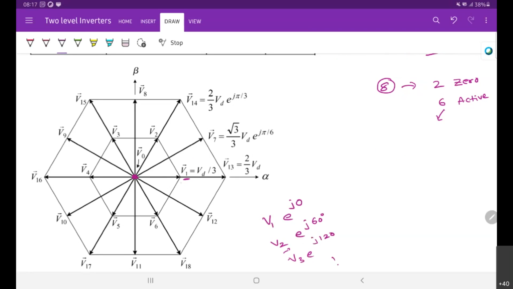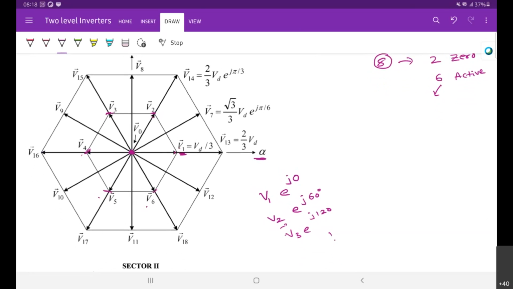This is the alpha axis and this is the beta axis. Its magnitude is VD/3, and the angles are 0, 60, 120, 180, 240, and 300. So we have V1 to V6 as the small vectors. We assume the zero vectors are V0.